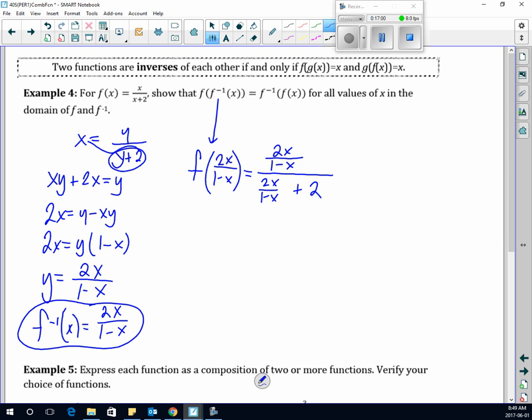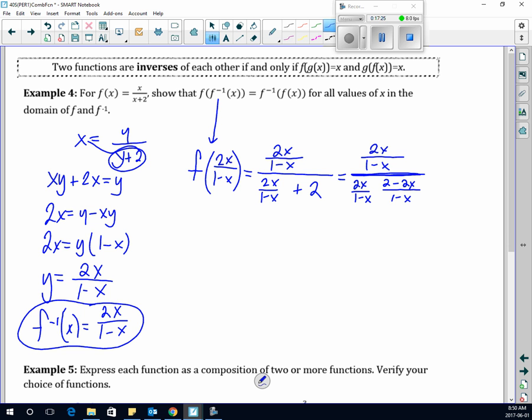We have to get a common denominator on the bottom there. So this stays the same. This is my divide, right? And so what's 2 going to become? It's going to be (2 minus 2x) over 1 minus x.